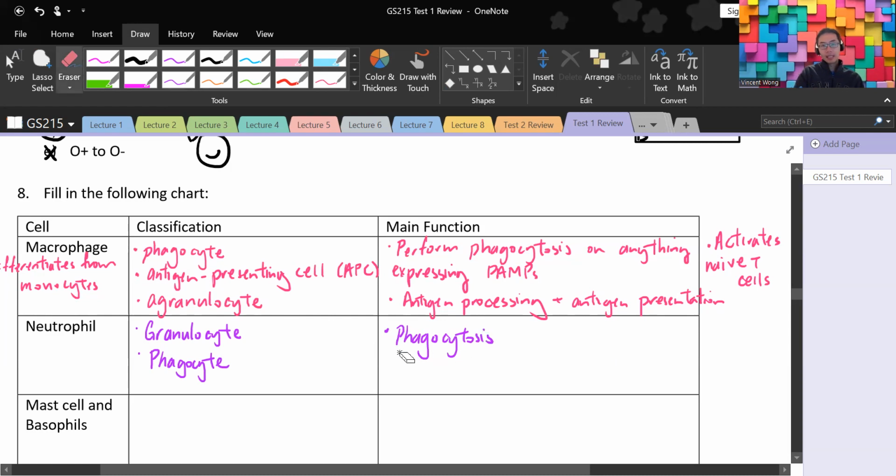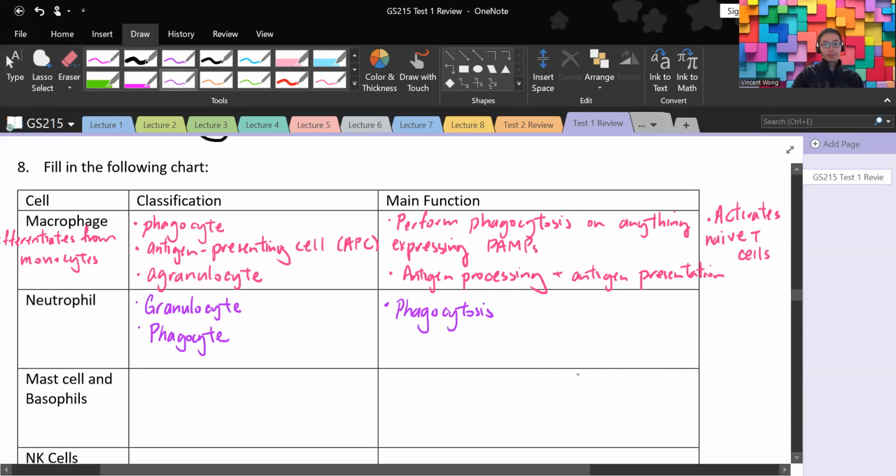Okay, not everything that eats things up is going to be able to present them. Only the macrophage can do it, not the neutrophils. Right. Probably worth mentioning that this is the most abundant WBC.